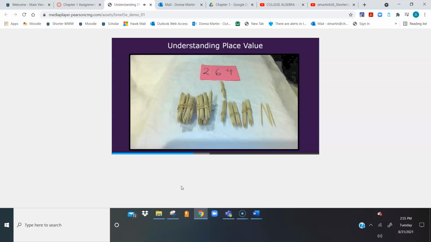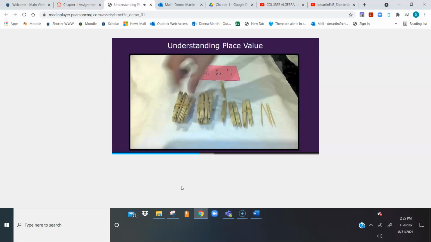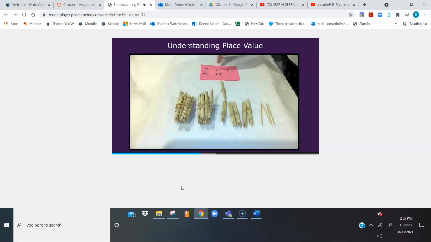264 toothpicks. And notice that the way we write 264, that corresponds exactly to the way these toothpicks are organized. The 2 stands for 2 bundles of 100. The 6 stands for 6 bundles of 10. And the 4 is 4 ones.